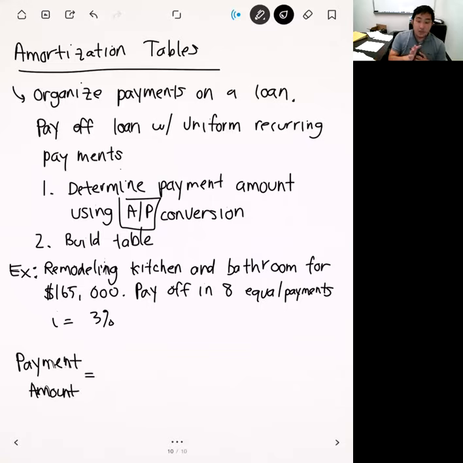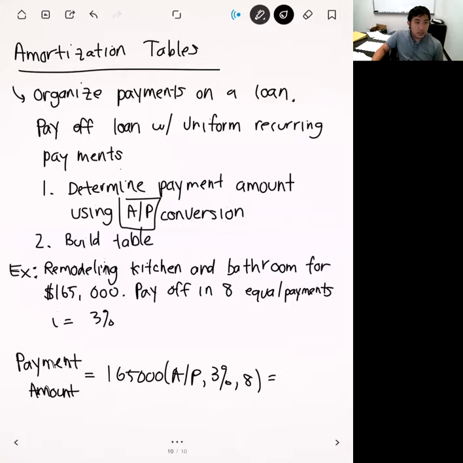Okay, and so the payment amount, we're going to take our present sum, and so in this case, the present sum is the cost of the remodel, which is $165,000. Okay, and we're going to convert this to a uniform series. Okay, and so our interest rate is 3%, and then the number of periods is 8 in this case.